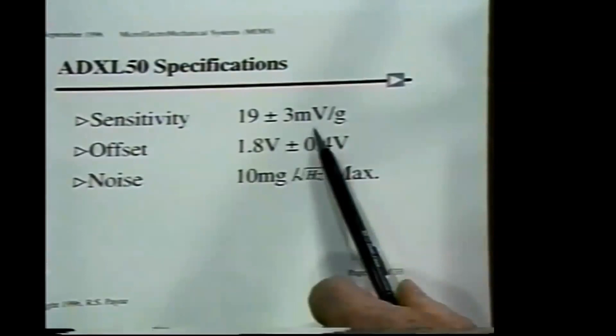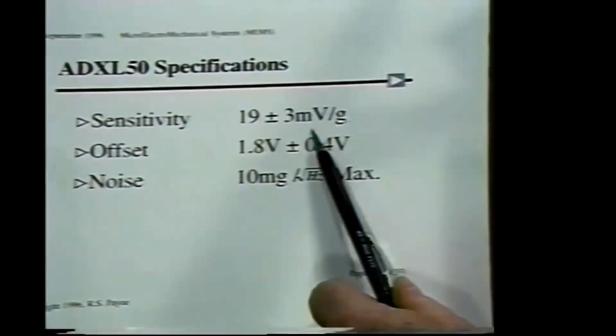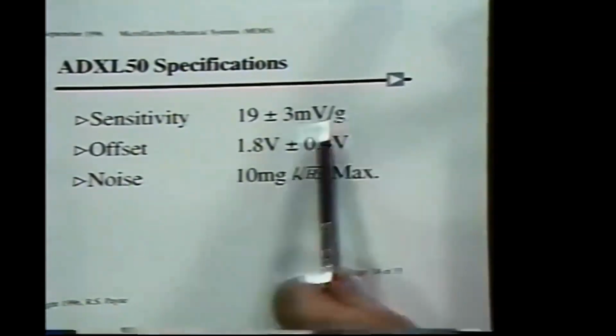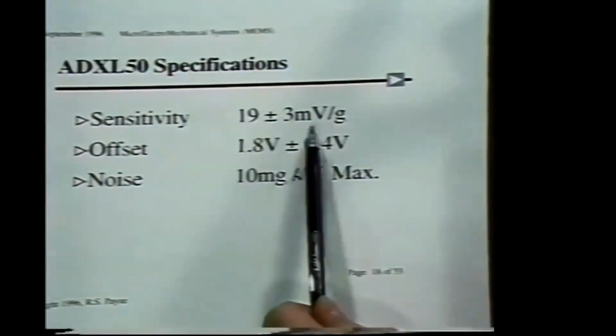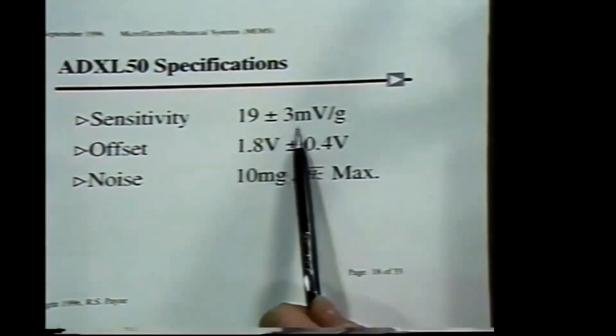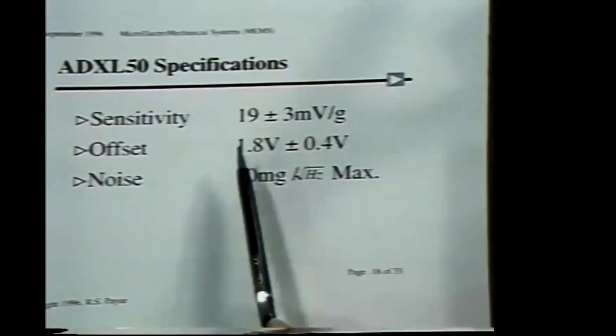The very first device realized a sensitivity of about 20 millivolts per G with about a 15% distribution, so that we could essentially sell everything. The distribution of sensitivity is about 1 millivolt per G standard deviation.